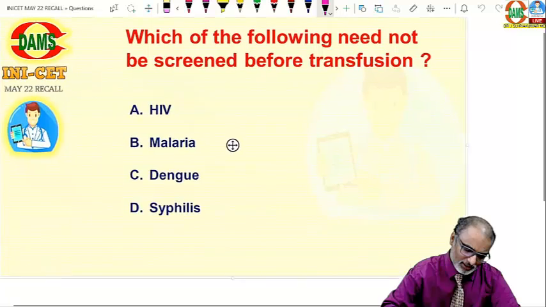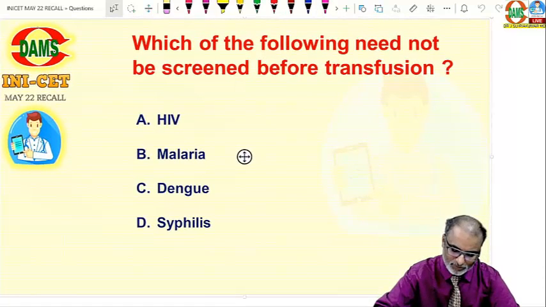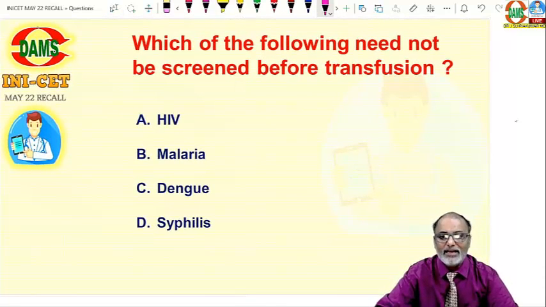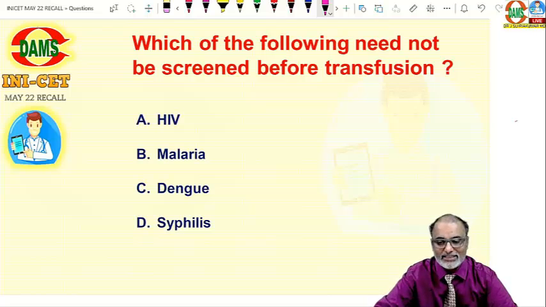Which of the following need not be screened before transfusion? As per the Indian government NACO guidelines, the following tests are mandated before transfusion. These are all the mandated screening tests for blood transfusion.